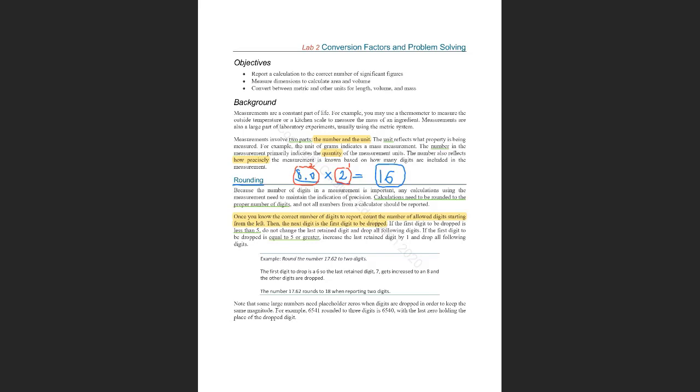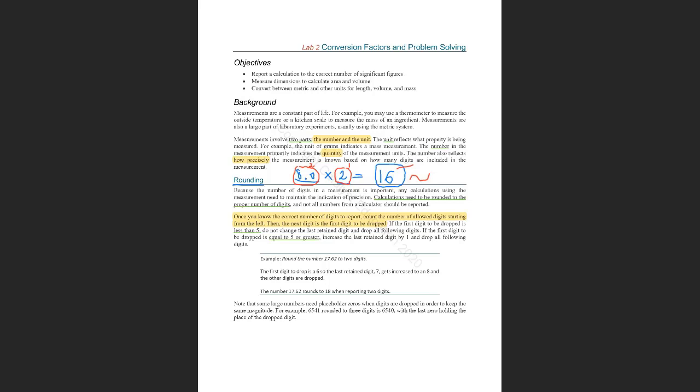In my case, this has 2, this has 1. So my answer has to have only 1 sig fig, which means that the calculator gave me 16, but I have to round it to 1 sig fig. How do I round that?